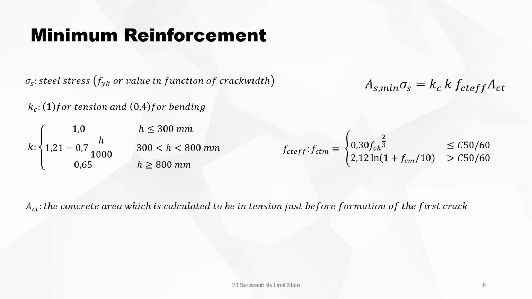And ACT is the concrete area which is calculated to be in tension just before formation of the first crack. That means that for bending, it's half of the section of a rectangular section, and for pure tension, it's of course the whole section B times H.